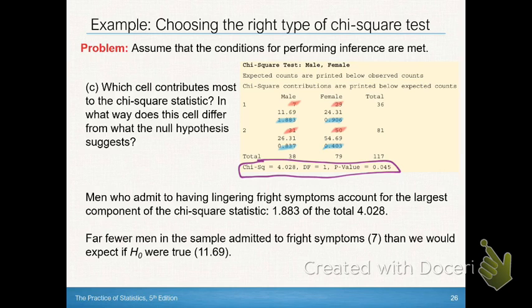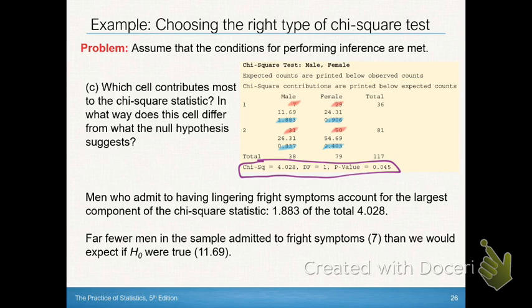As we look at the computer output, just like we did before, the red highlighted parts were the observed counts. The blues were the expected counts. Again, you would get this from your calculator by running the chi-squared test after you put the observed counts into matrix A. And then you can see the test statistic, the degrees of freedom, and the p-value as well.